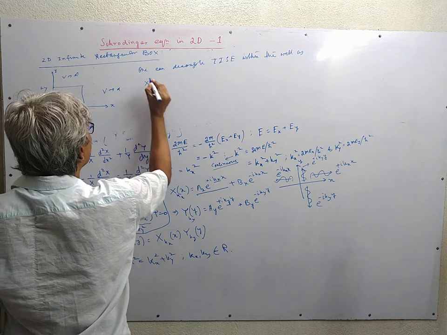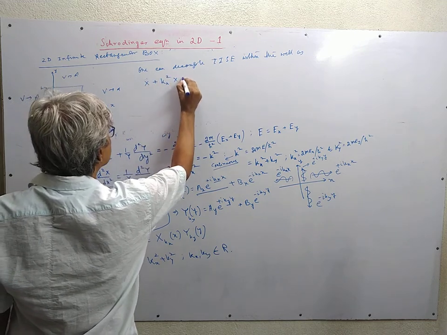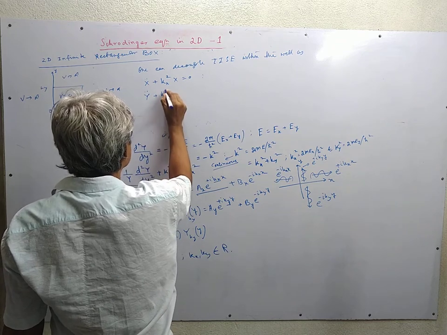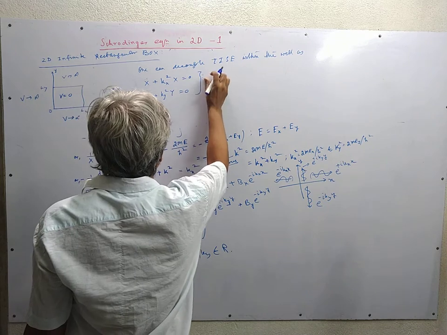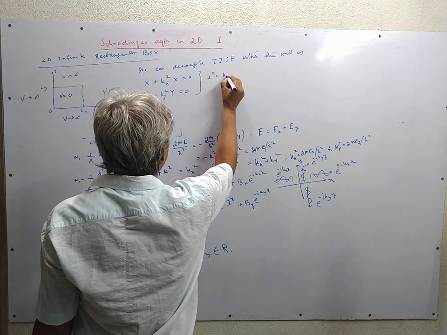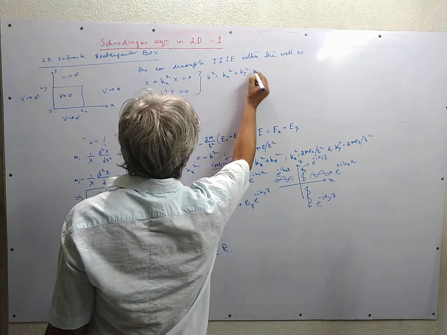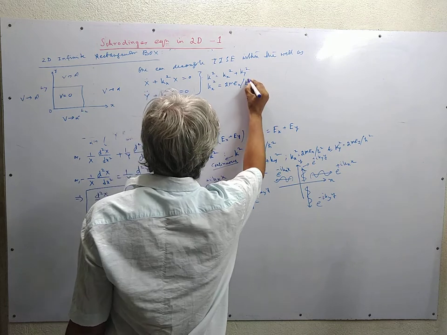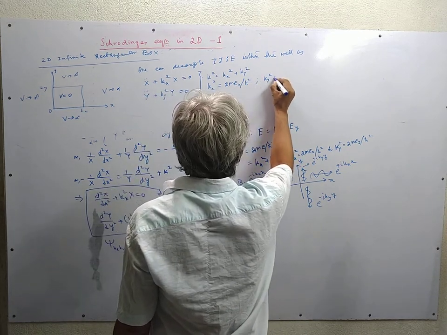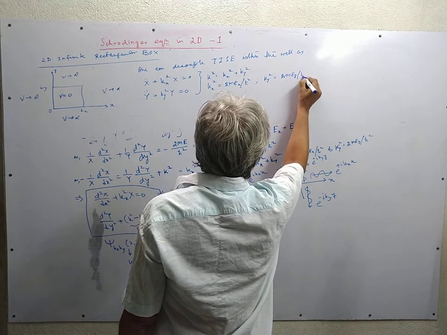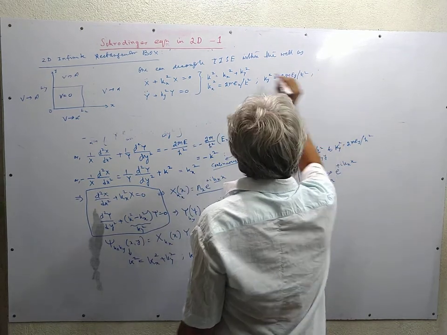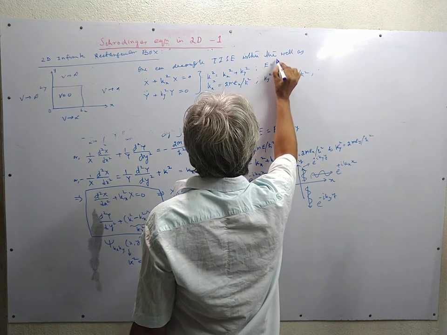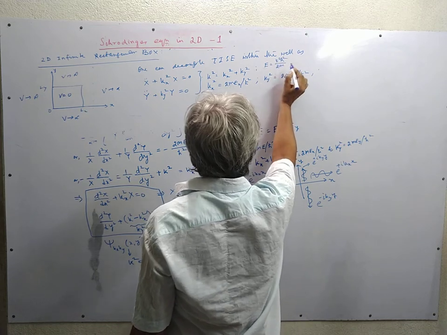This is X double dot plus kx square X equal to 0, and similarly for y, where k square is equal to kx square plus ky square, with kx square equal to twice m Ex upon h bar square, ky square equal to twice m Ey upon h bar square, and the total energy E of the system is E equal to h bar square k square by twice m. That's all we have done here.